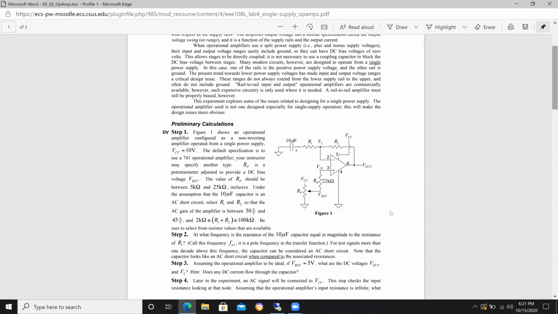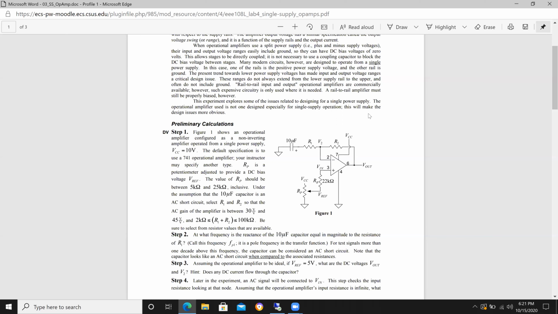So for this op amp, the key difference here is pin 7 is still going to be your positive supply, your VCC. Pin 4, instead of being negative VCC, now it's going to be ground. So now you're going to be going from 0 volts to 5 volts.